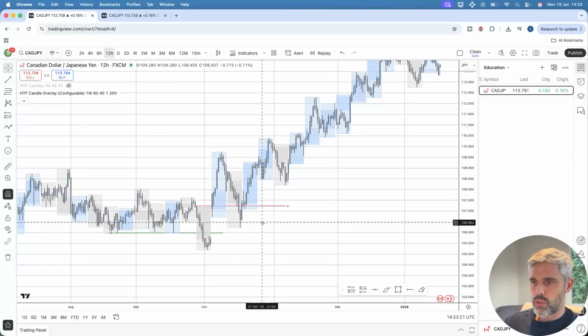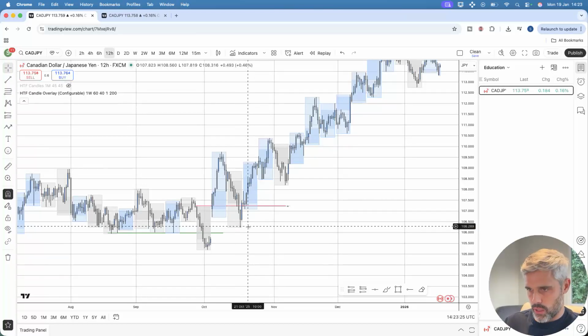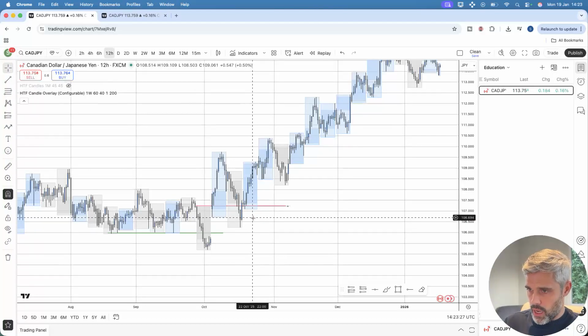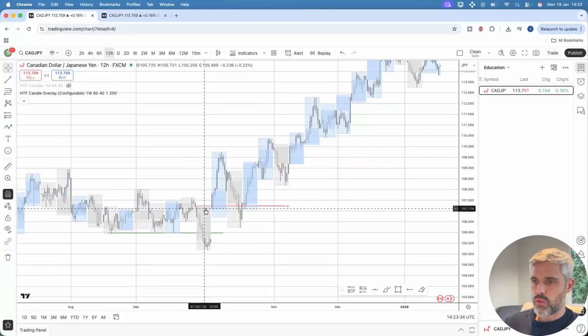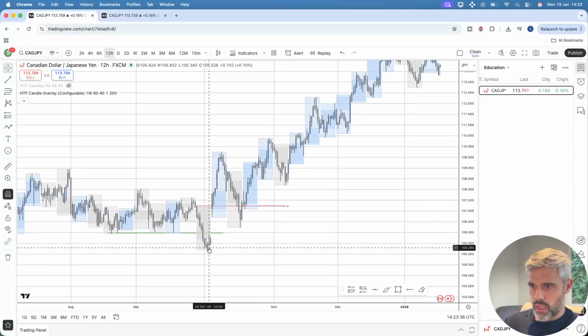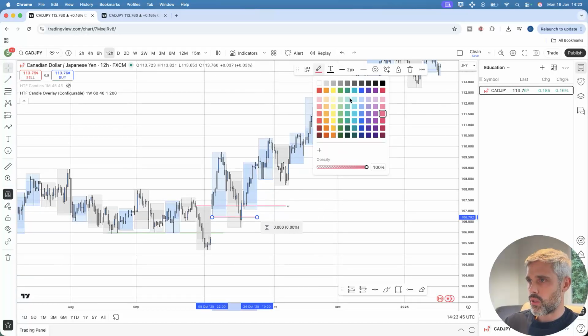But when we get the actual weekly candle closure right here, we have a very high confluence, or we can make a very solid assumption that price is going to continue higher. And the reason for this is we have a bearish weekly candle creating a weekly order block, and we also have a liquidation of this weekly low.